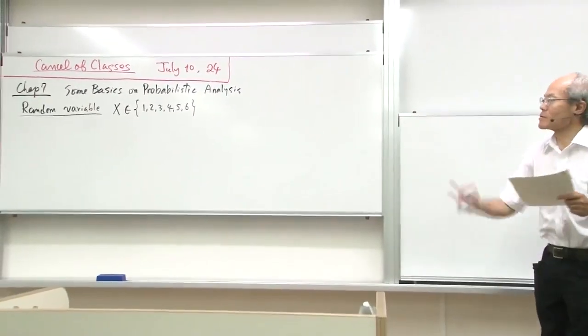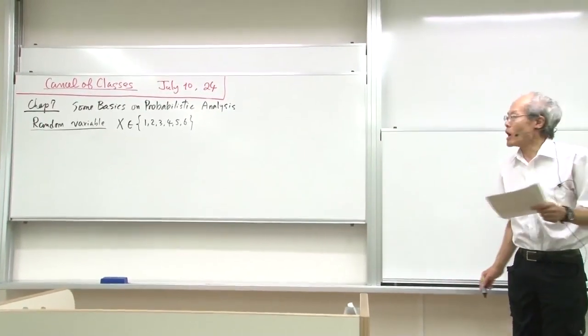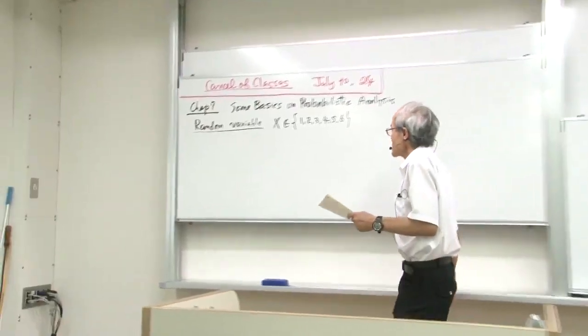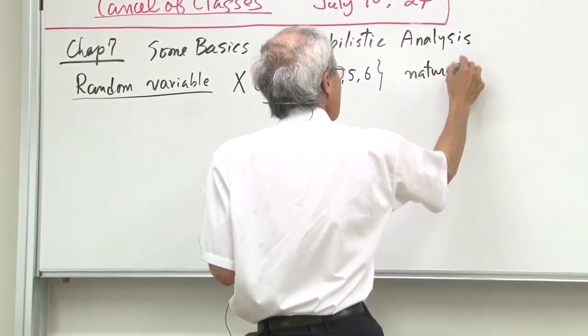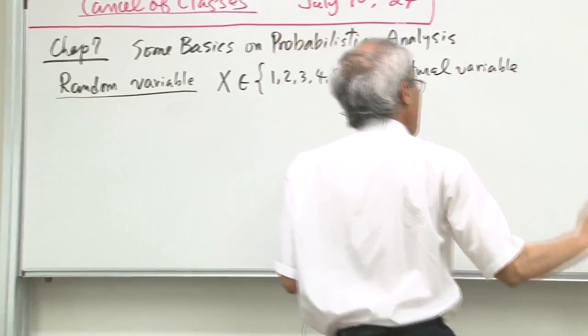So this is a standard notion of a variable. Variable x takes a value 1 or 2 or 3 or 4 or 5 or 6. Okay. So this is a natural standard notion of variables. But if we say x is a random variable, then we have another thing.